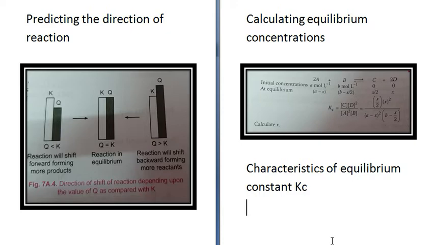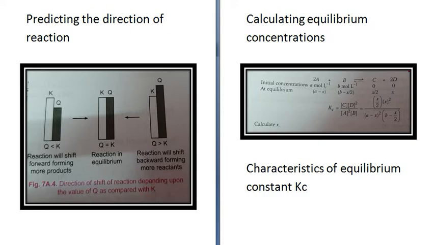If the reaction is reversed, the value of the equilibrium constant becomes inverse, meaning 1 upon K, the reciprocal. If the equation having K is divided by 2, the equilibrium constant for the new equation is the square root of K.